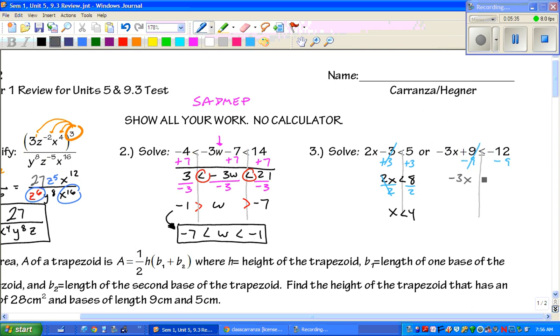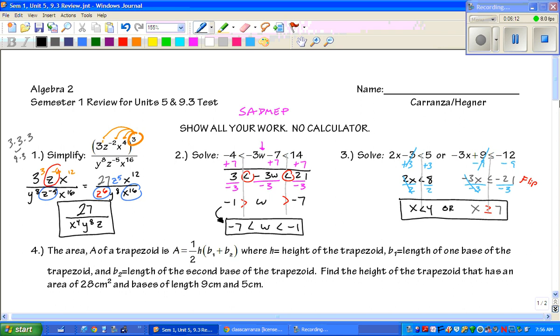We get negative 3x is less than or equal to negative 21. To get the x by itself, we have to divide by negative 3. And when we divide by a negative 3, we have to flip the sign. And so we're left with x is less than 4 or x is greater than or equal to 7. It didn't ask us to graph them, so we don't have to worry about that.